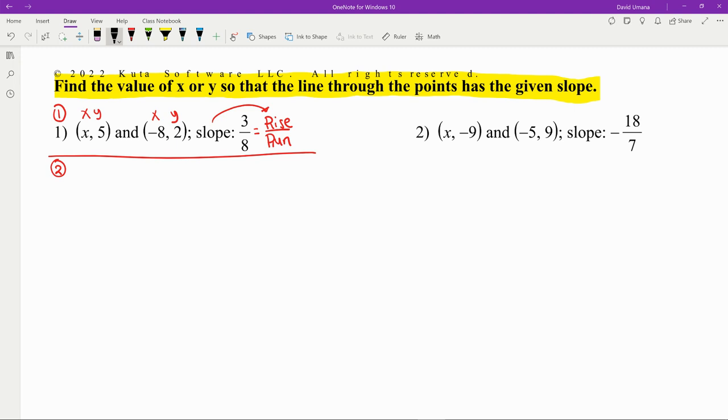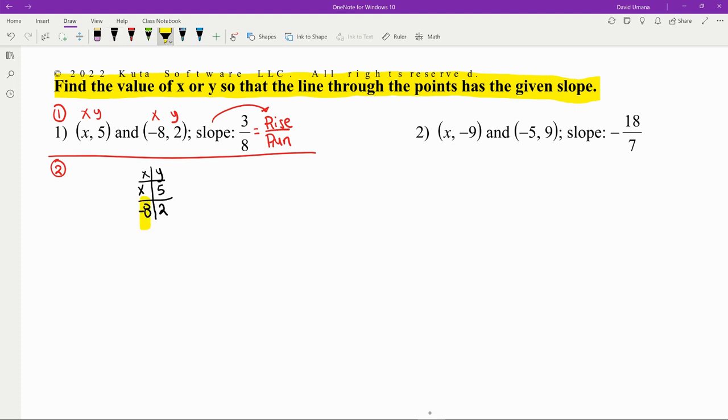For step 2, because of the x and y, I'm going to organize that information inside of a t-chart. So x and y becomes my way of recognizing that I'm going to take these values and organize them within a t-chart.